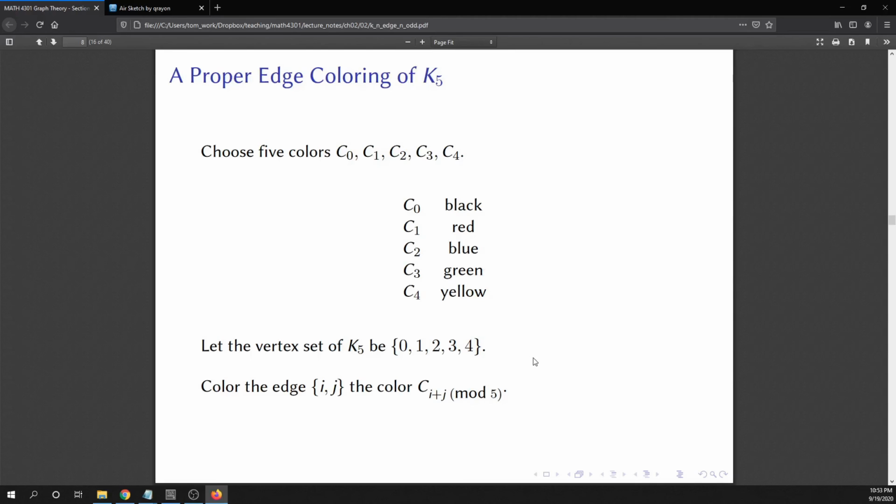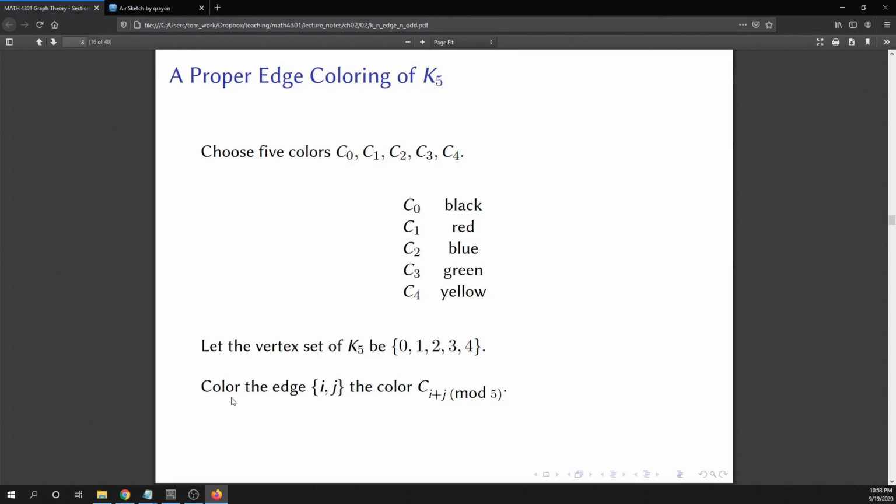All right, and so for K5, we are going to let the vertex set be the integers 0 through 4. And so you can probably see what we're setting up for. Those are the remainders guaranteed by the division algorithm for division by 5. And sure enough, that's what we're going to do.